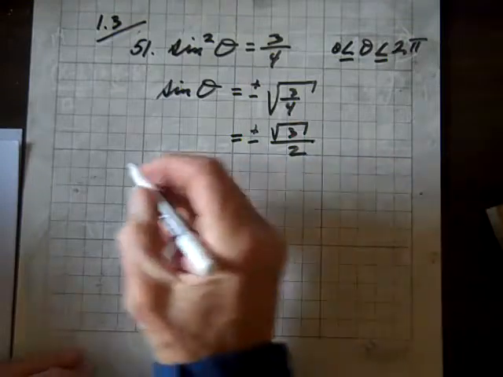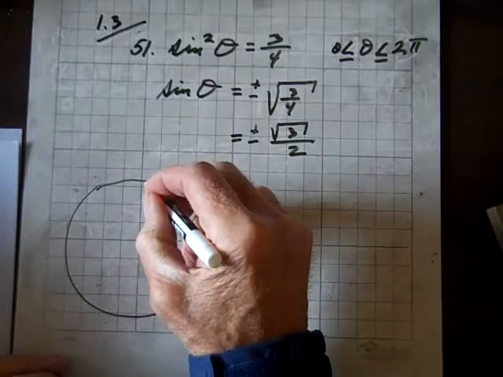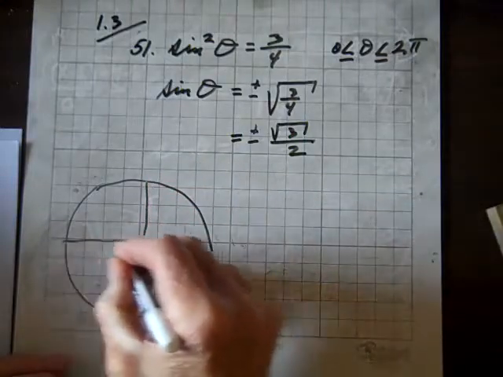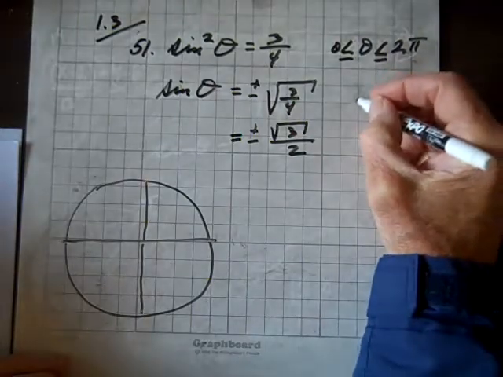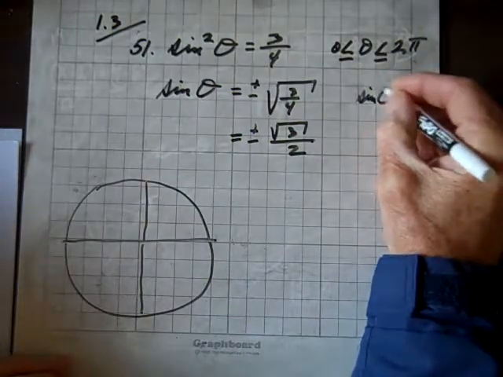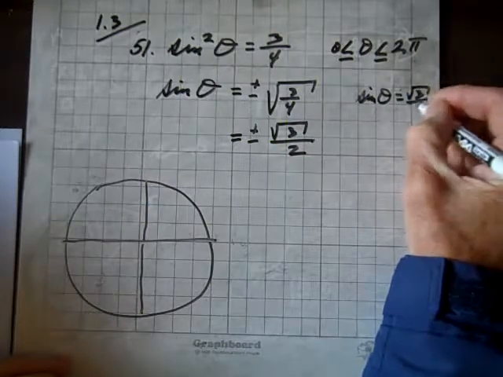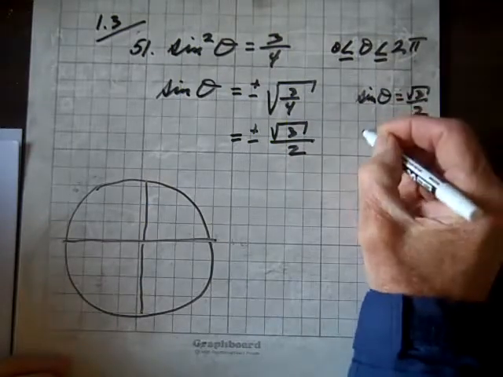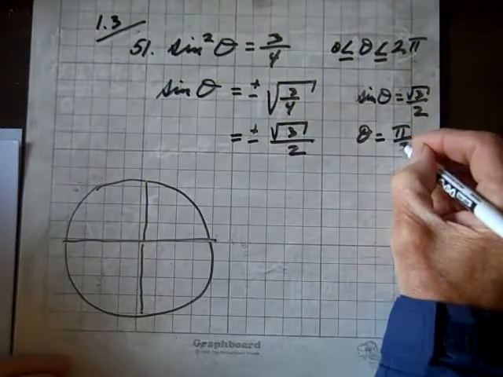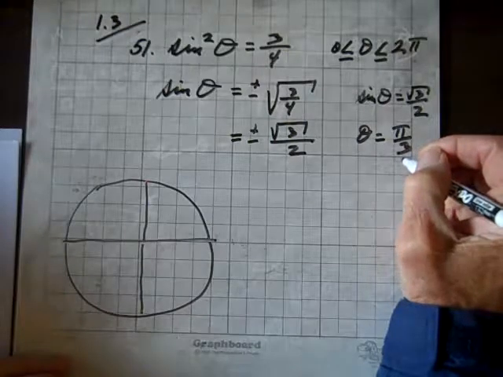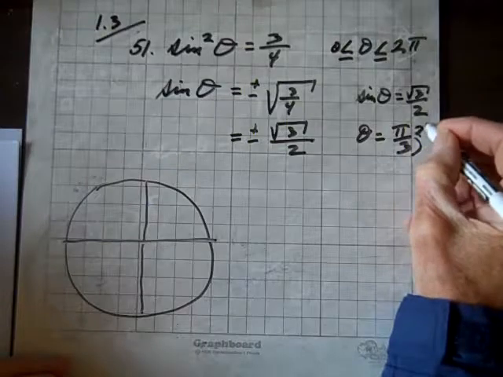Well, let's consider this. Let's go to the unit circle, and we know that if sine of theta equals root 3 over 2, then theta equals pi over 3 or 2 pi over 3.